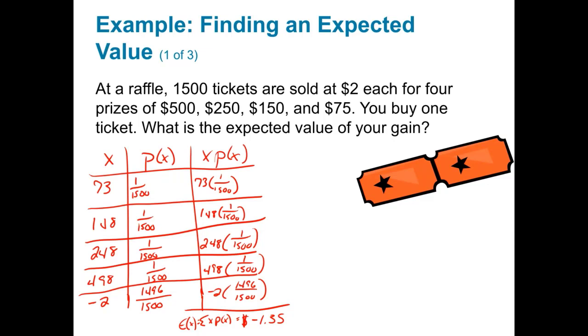So you're losing money. Expected value is really beneficial to tell you what's going to happen in the long run. In the long run, you're going to lose money on every single ticket you buy. That's what the expected value tells you.